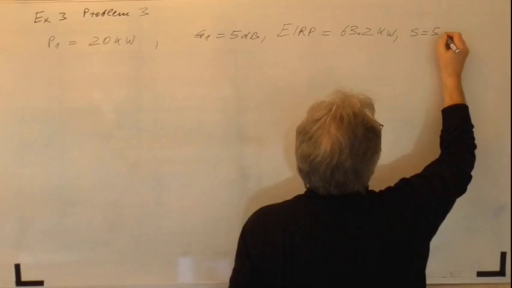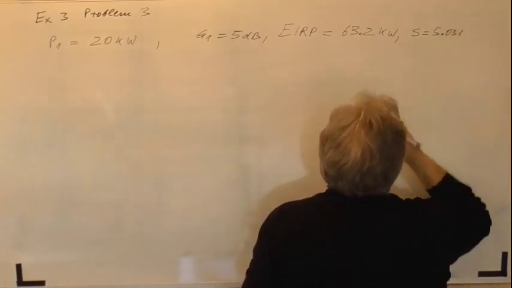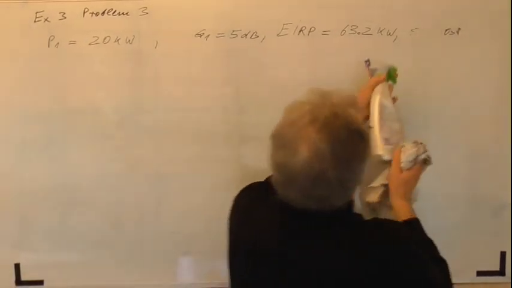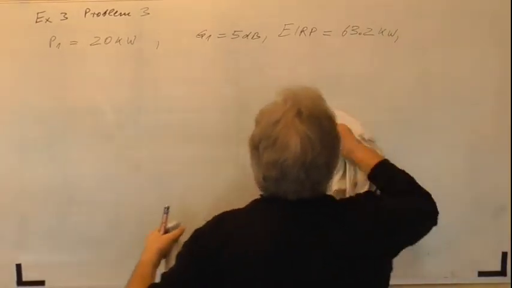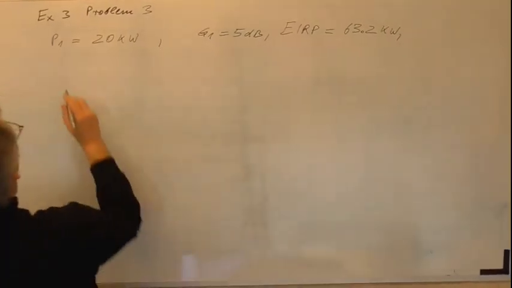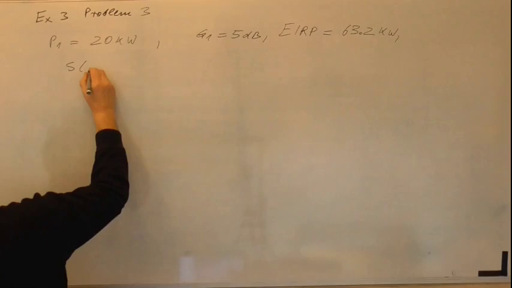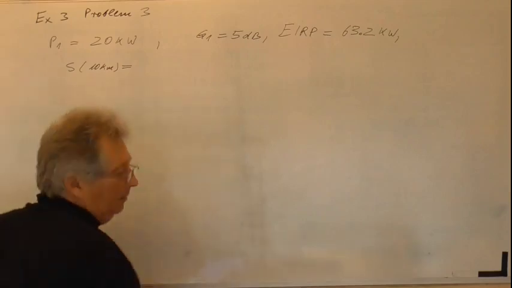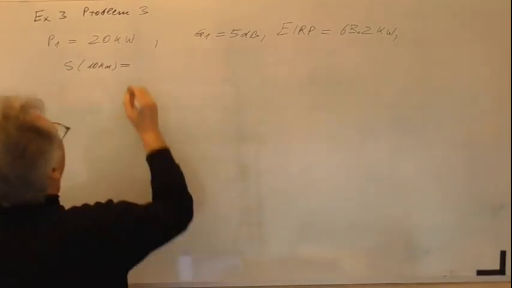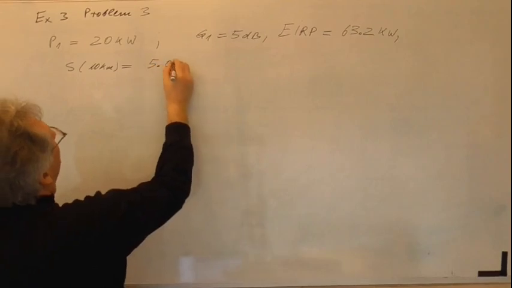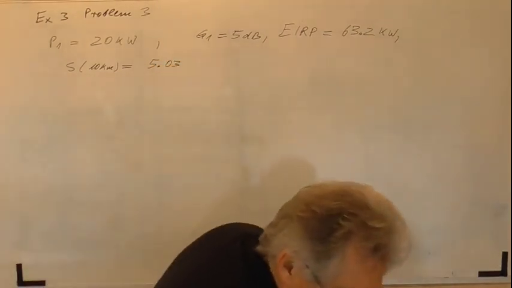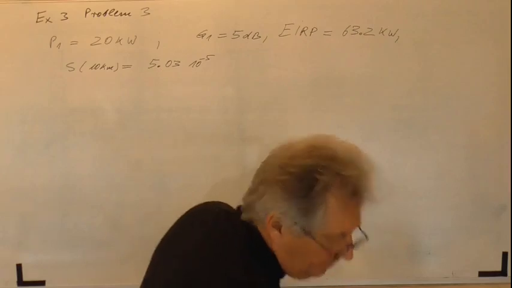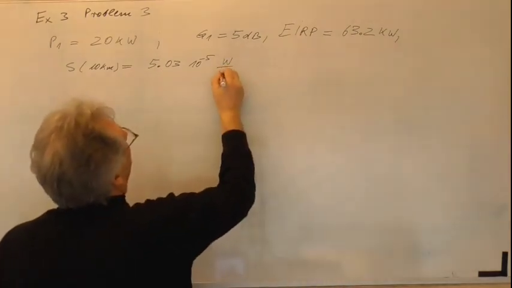S of 10 kilometers is 5.03 times 10 to the power of minus 5 watt over meter squared.